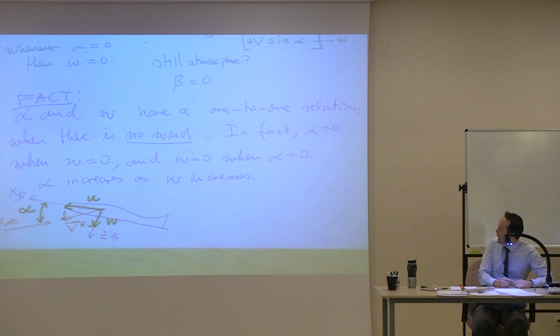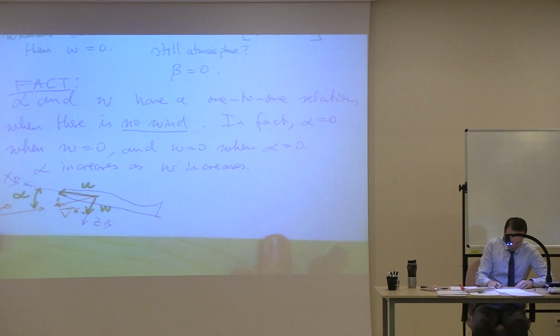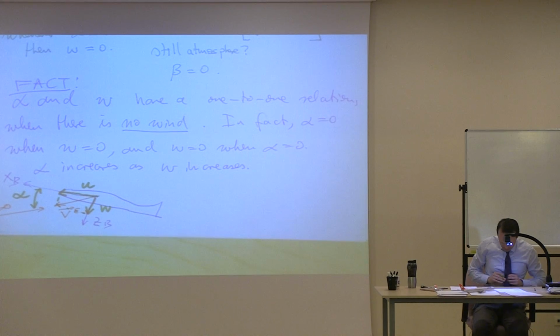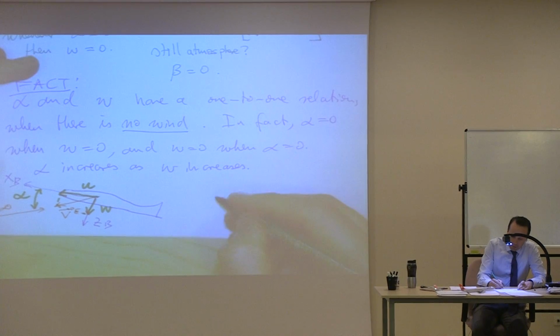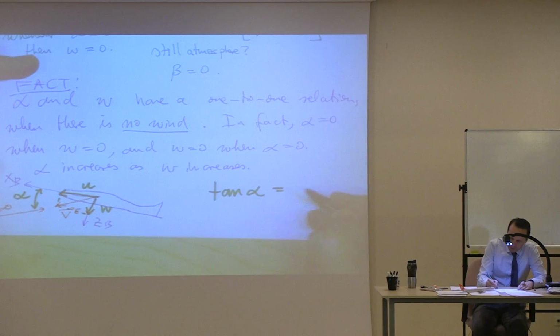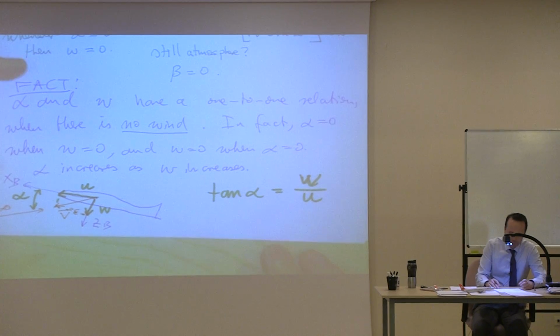Therefore I could write this in a number of different ways, but I'm going to write it in the following way. Tangent alpha is equal to W divided by U. Right? That would be tangent alpha.